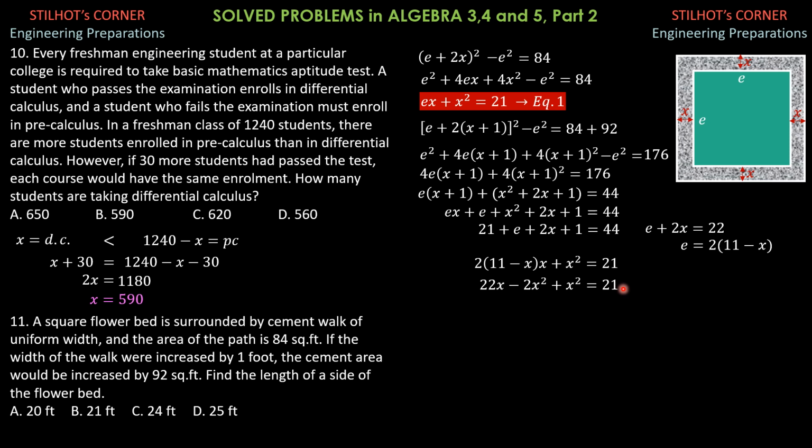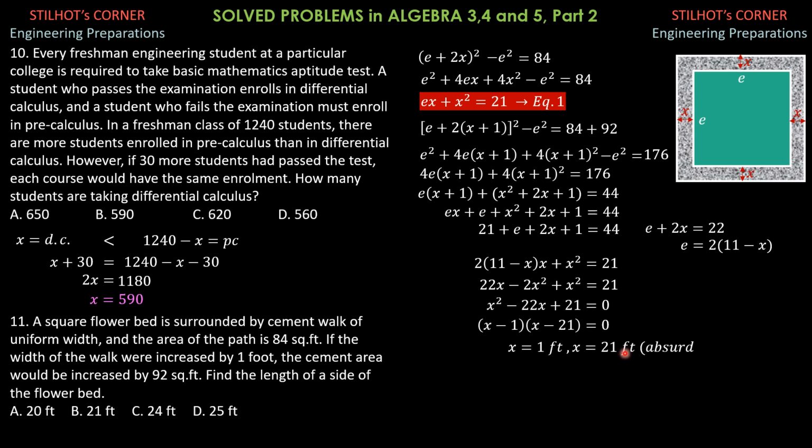Simplifying, transpose everything to the right so x squared is positive: x squared minus 22x plus 21 equals 0. We can write this in factored form as x minus 1 times x minus 21 equals 0. So x is 1 foot or x is 21 feet.